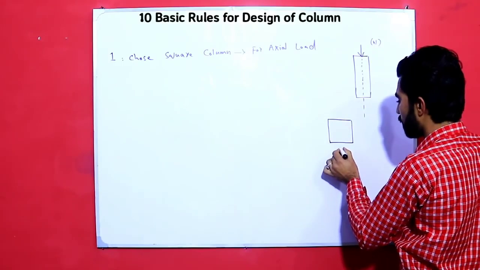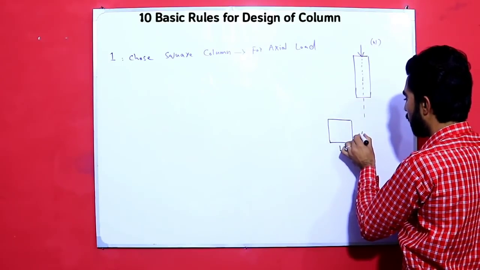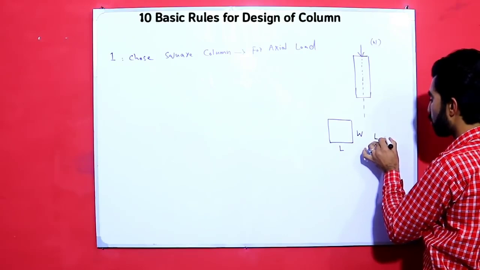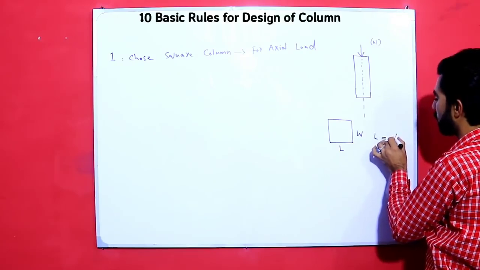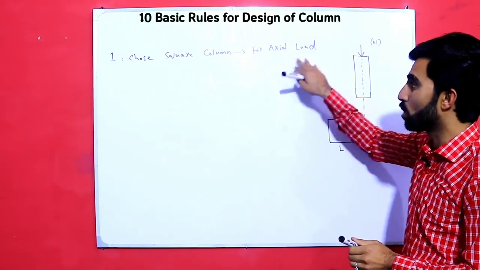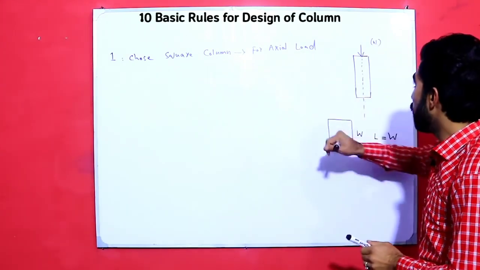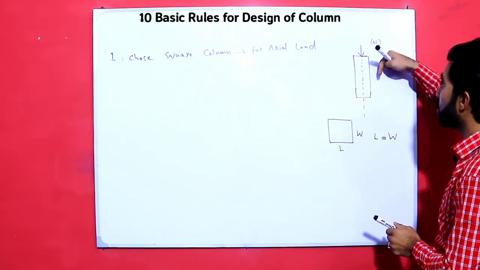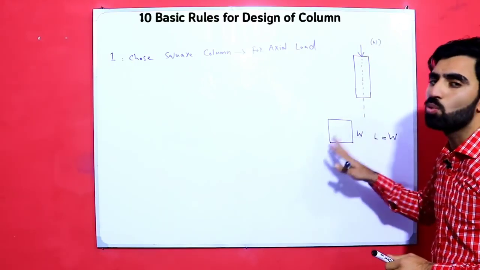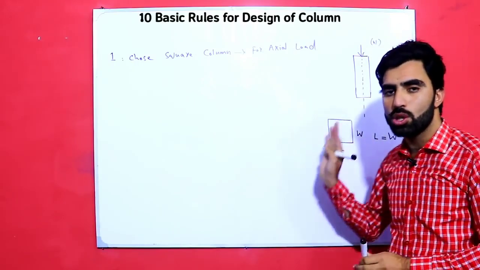As you can see, length and width, which means length should be equal to its width. In the case of axial load, choose square column. When the compression load comes on the center of the column, choose square column.